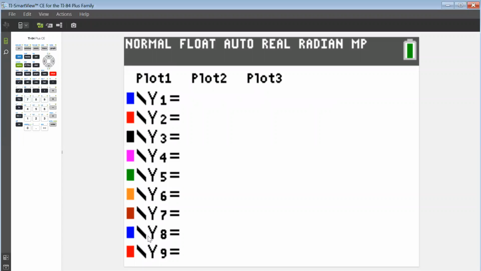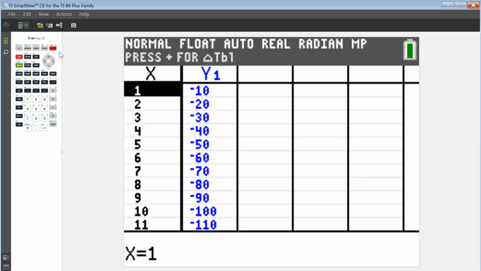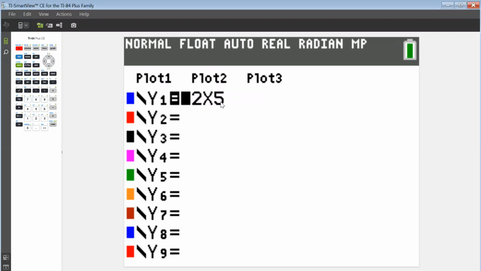I think I typed that in incorrectly, so I need an addition sign.